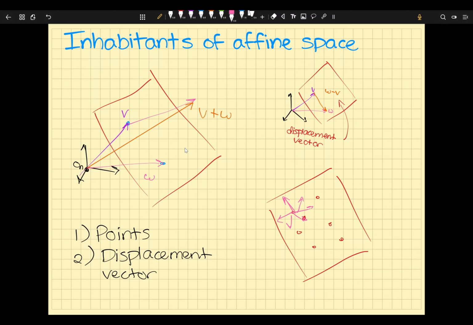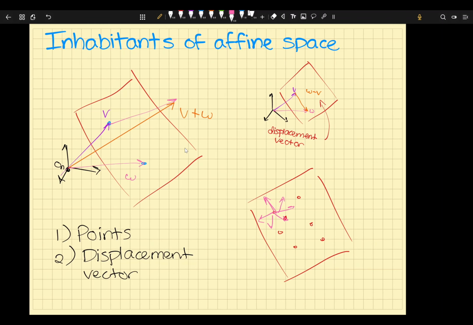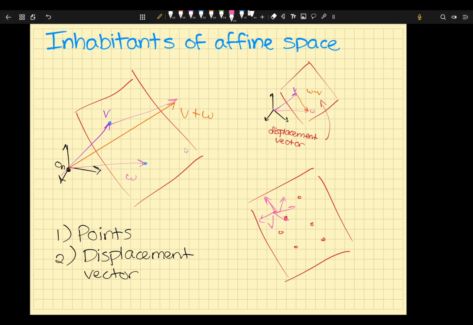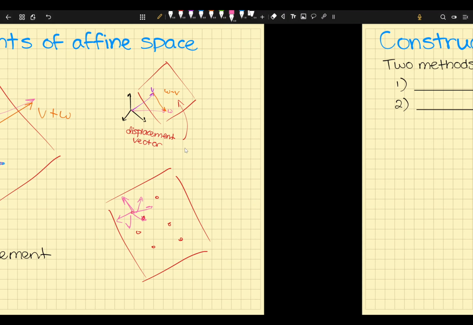And these directions are, well, displacement vectors. Okay, I guess we'll keep going.